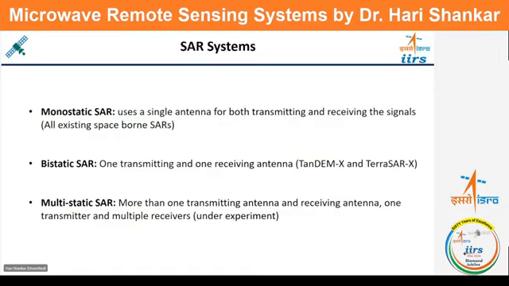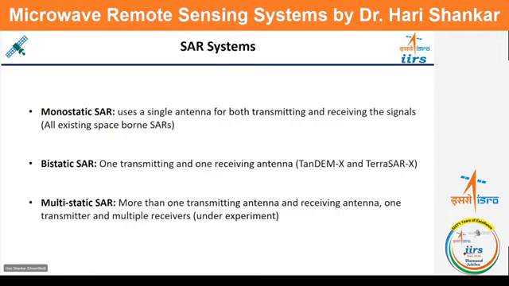Monostatic means there is only a single antenna, and the same antenna is used for transmitting signals as well as receiving signals. The single antenna cannot do both simultaneously. So at one instant the antenna is transmitting the signal, and at the next instant it is not transmitting, only receiving.